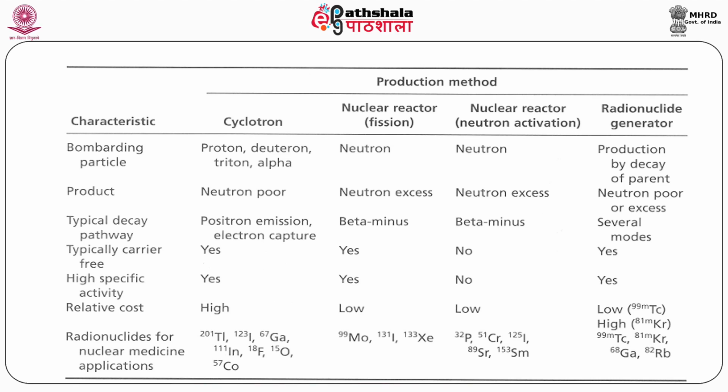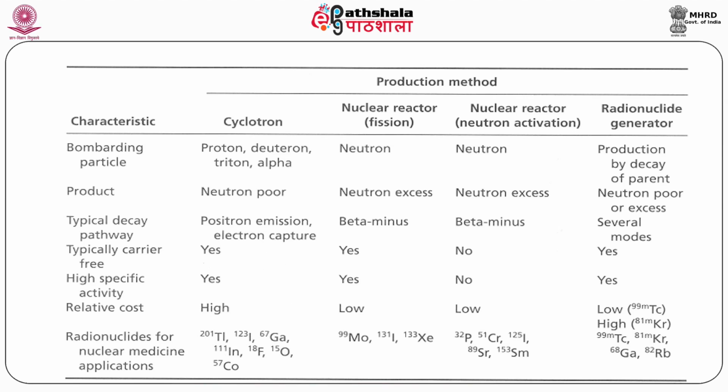In case of reactors, neutron is the bombarding particle. In reactors, the neutron activation technique is used, where the target is activated by using neutrons. And in the radionuclide generator, the production is by decay of parent to daughter.